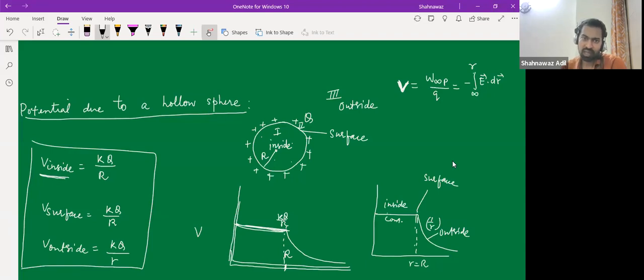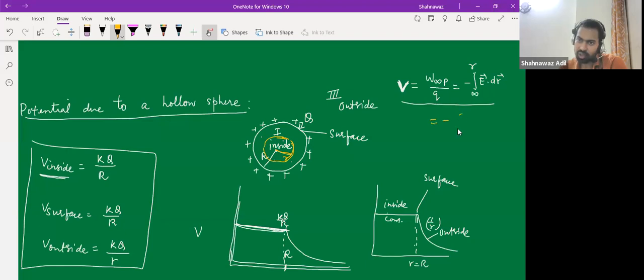So this was not a part of the syllabus, but for the understanding, let us just understand that. If we calculate the potential inside, so let's say that this is some small r, and we are calculating at this point. So at this point, the integral would be of two parts.